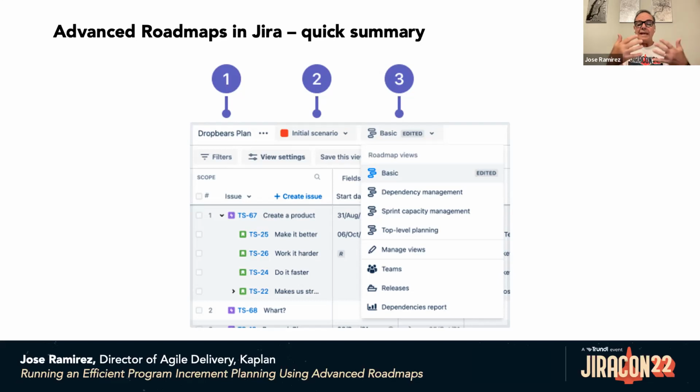Also, we can have scenarios based on one plan. So we can define a plan and then several scenarios, for example, the worst case scenario, the best scenario. We can play with reordering, for example, the issues and the epics. Those are different views stacked over the roadmap itself.